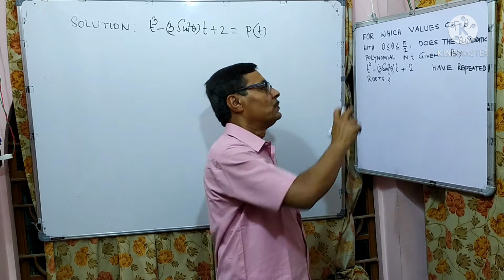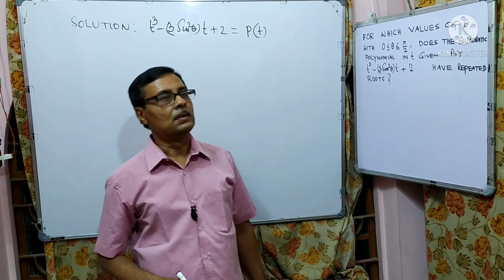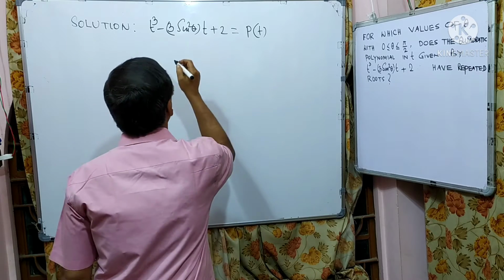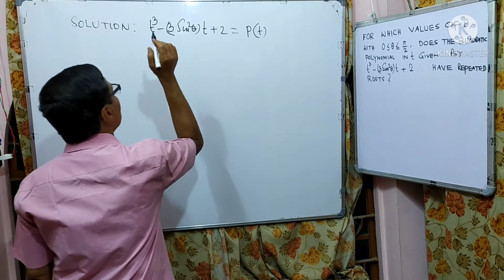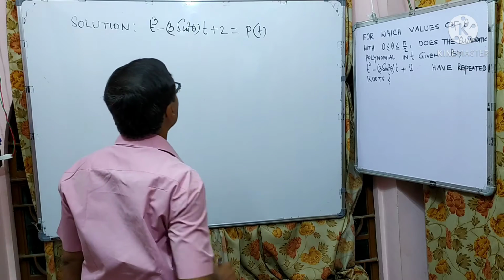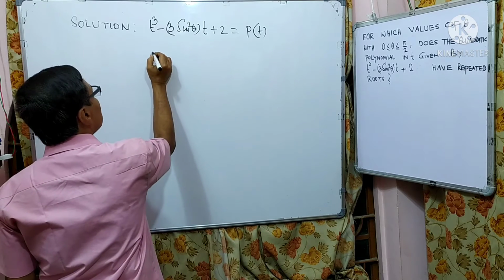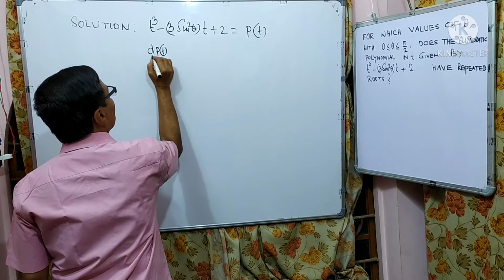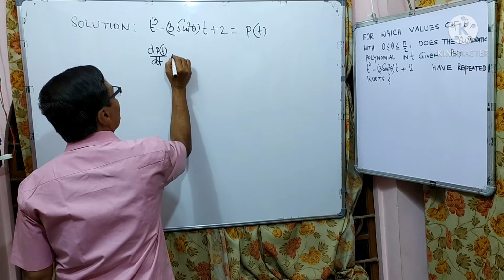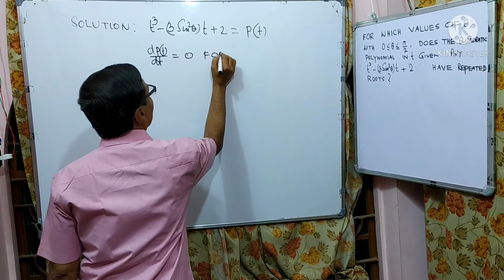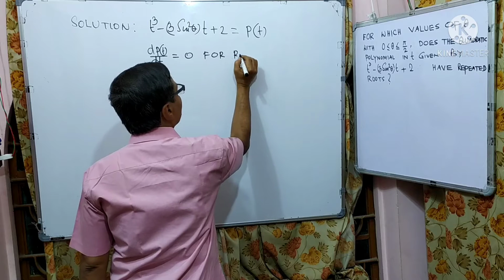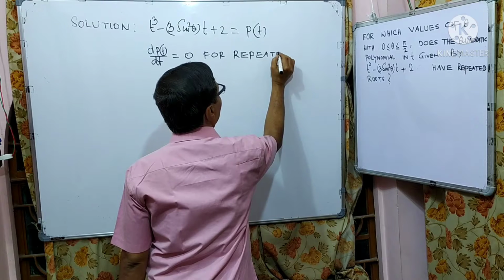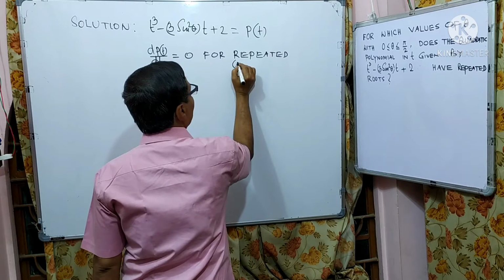Here we have to find the values of theta for which this polynomial has double roots, that is repeated roots. We apply this condition: the derivative of this polynomial, dp by dt, equal to 0 for repeated roots or double roots.